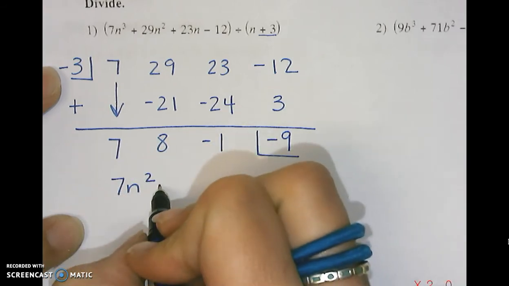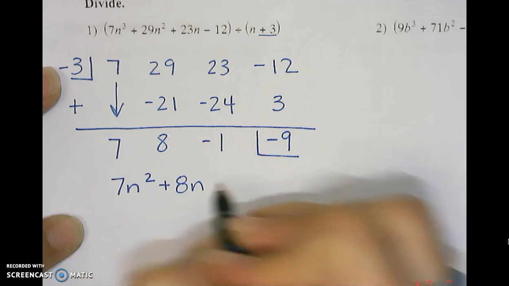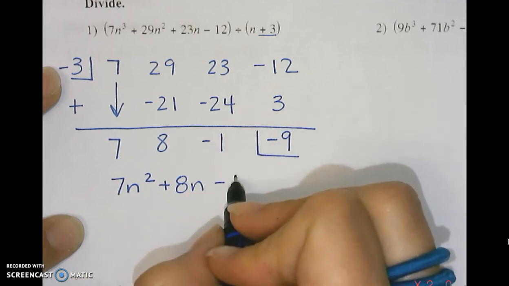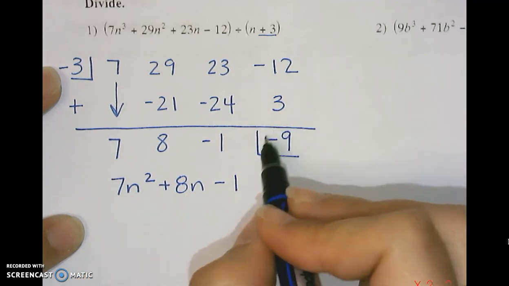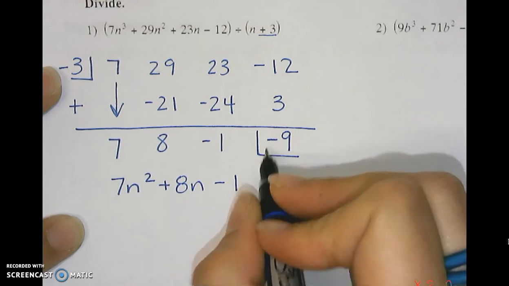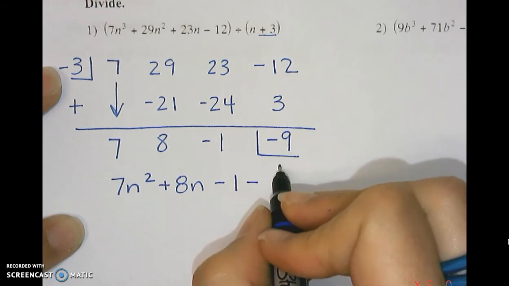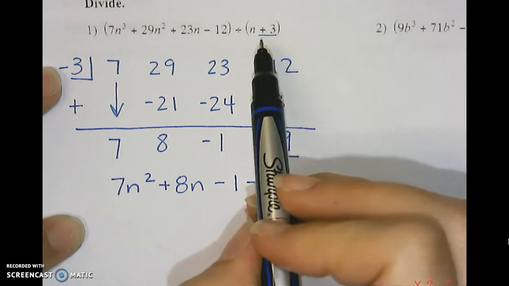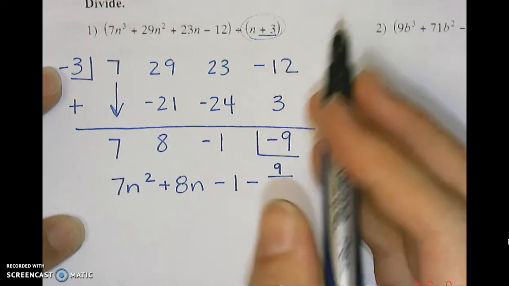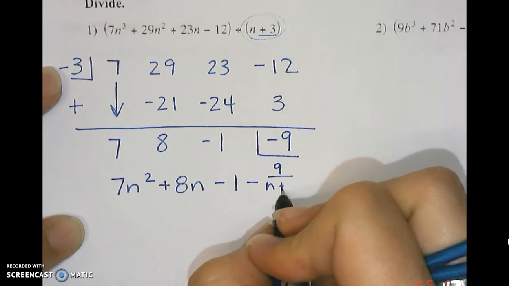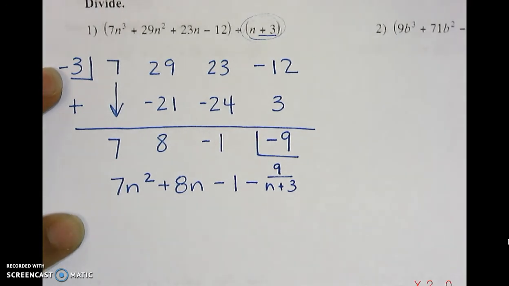This is a positive 8, so I put plus 8n, and then minus 1. Now, to deal with the remainder, this is a negative, so I put minus 9 over my divisor, n plus 3. And that's your solution. That's your answer.